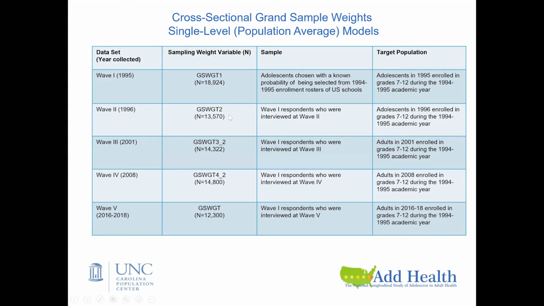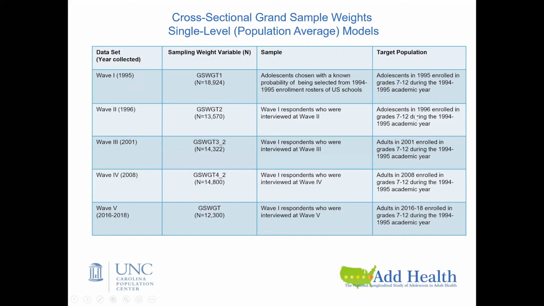Again, if you just wanted to know a point estimate at wave 2, like what was the prevalence of having a tattoo 1 year later, maybe it's increased, you use the cross-sectional weight at wave 2. And the target population you'll see here is always the adolescents who were enrolled in grades 7 through 12 during the 1994 academic year.